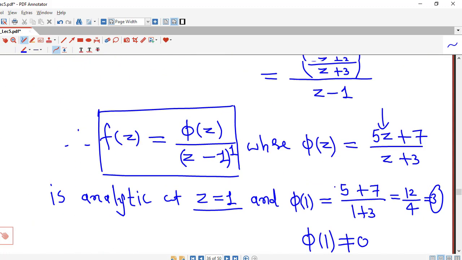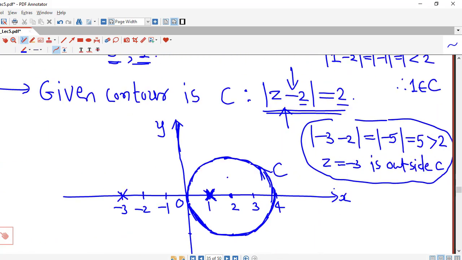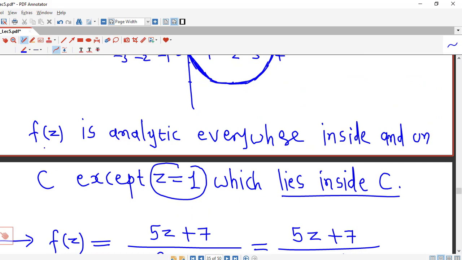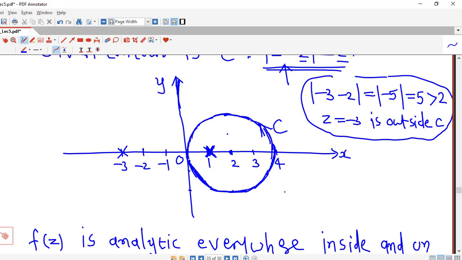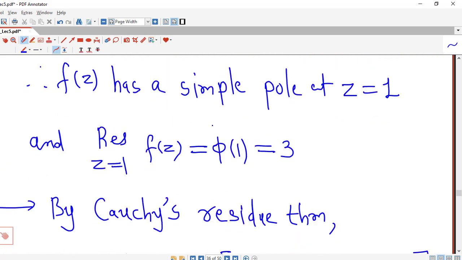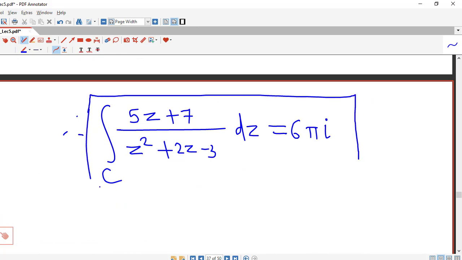Okay, so in this way we can evaluate some complex integrals using Cauchy's residue theorem, provided the hypothesis of Cauchy's residue theorem is satisfied. It is satisfied if f of z is analytic everywhere inside and on a simple closed contour except a finite number of points which are inside C. So in this way we have evaluated this complex integral and it turns out to be 6 pi i by Cauchy's residue theorem.